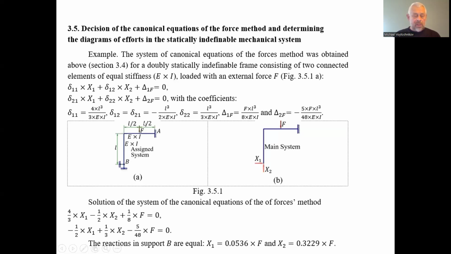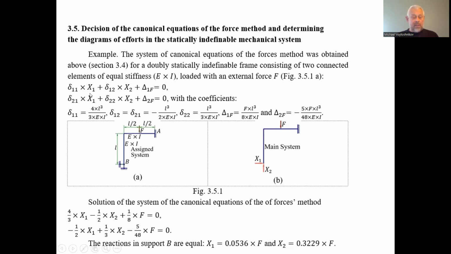links of support reactions. The second is the same condition, the canonical equation of the force method. So equality to zero of displacement in the direction of the force x2, applied here instead of the vertical supporting link in the point B. So this is the system of the equations.